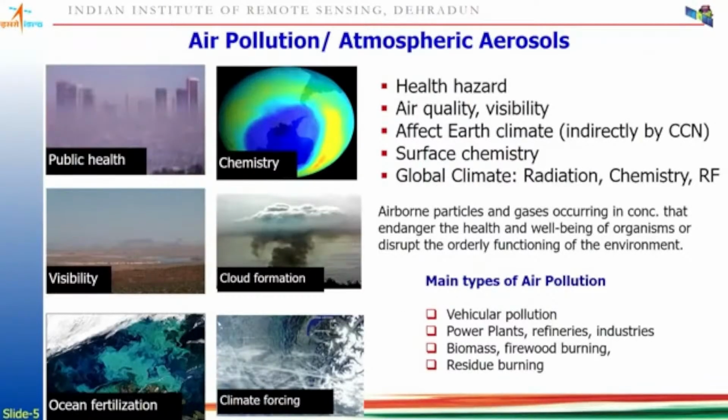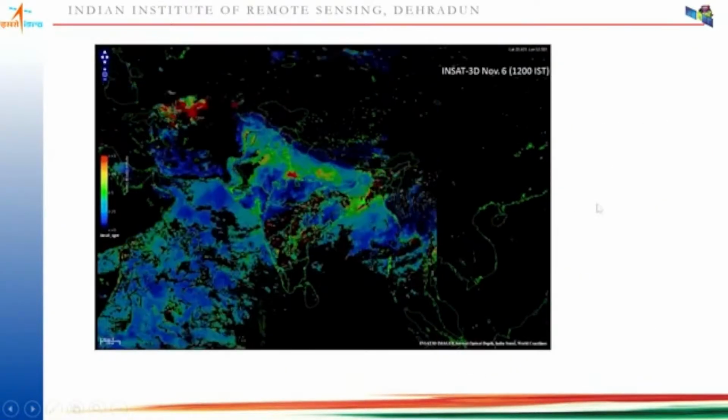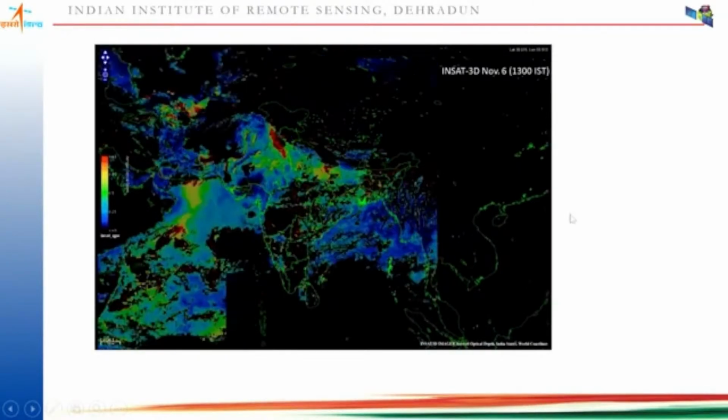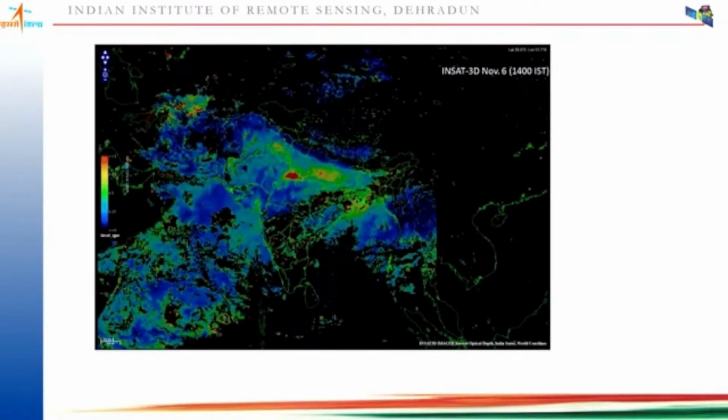Of course, the pollution aspect I just discussed, pollution like trace gases or atmospheric aerosols, not only affects health and air quality, but also affects environmental concerns and atmospheric chemistry. These are the main culprits, as you know very well. The satellite platforms, for example the geostationary satellite, help here.